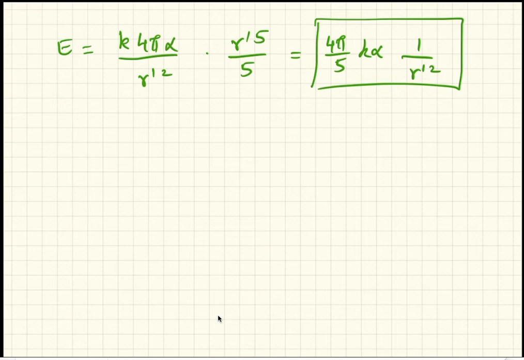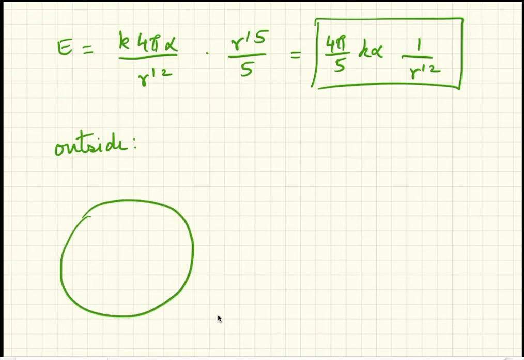Alright, now let's do the same thing for outside. So for points outside the sphere, we're finding the electric field at this point. And again, we'll call this distance r prime.